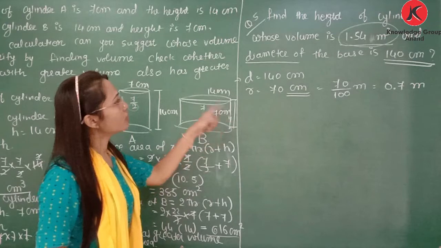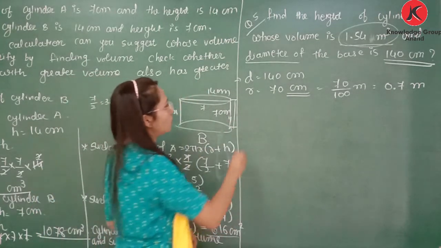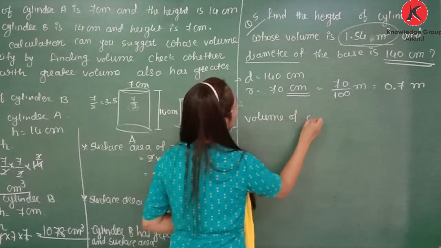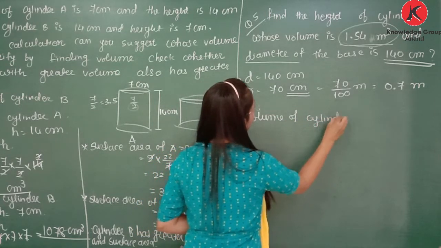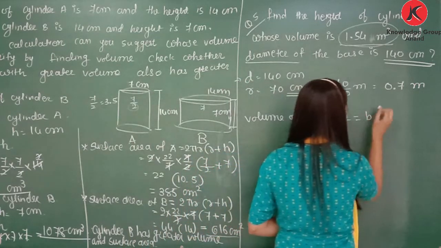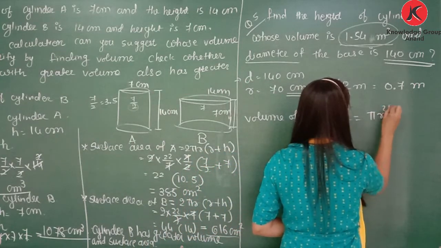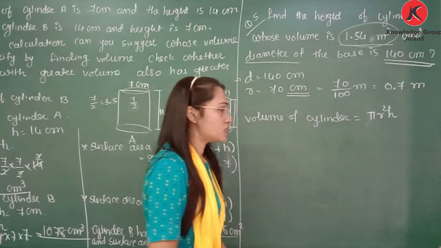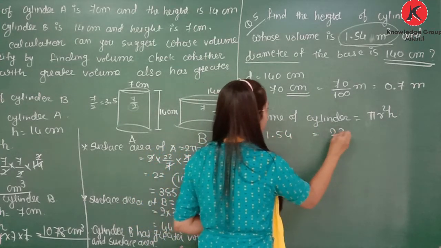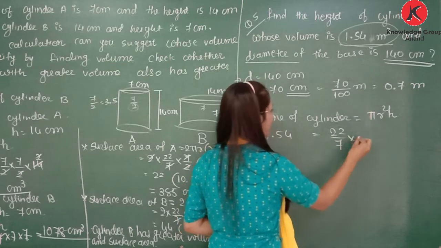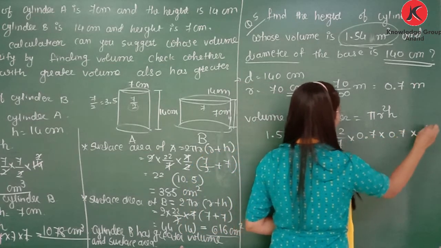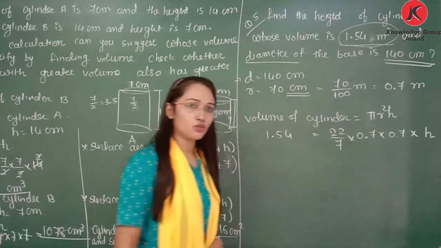Now we can find the height by considering the volume of the cylinder, that is pi r square h. Volume is given 1.54. Pi is 22 by 7. Radius is 0.7, so we multiply 0.7 two times, and h, that we need to find.